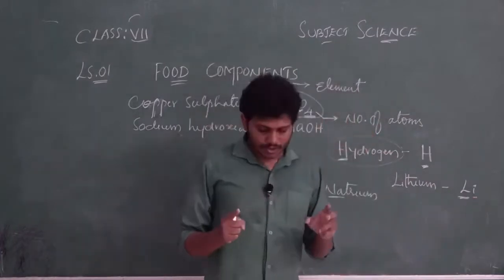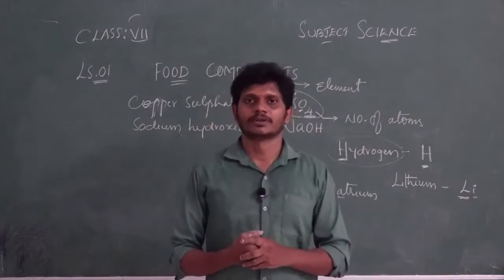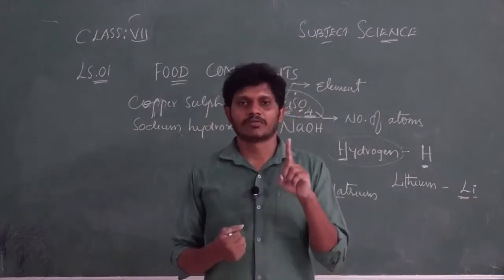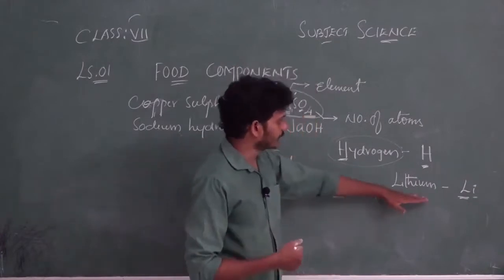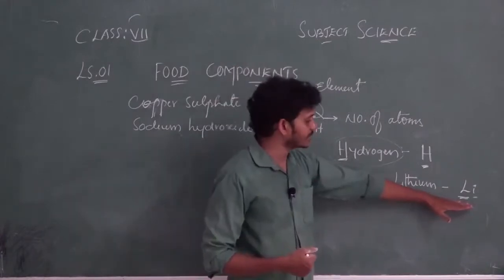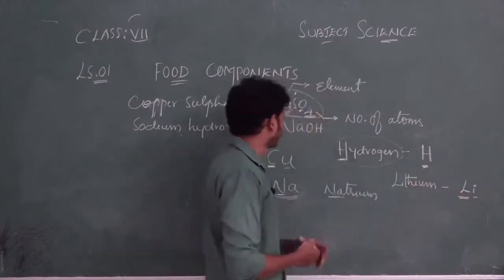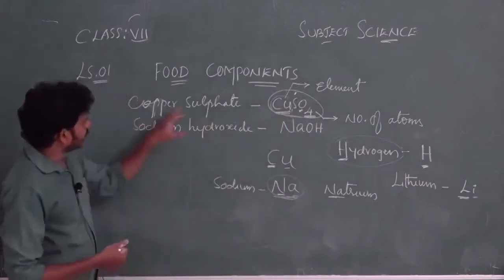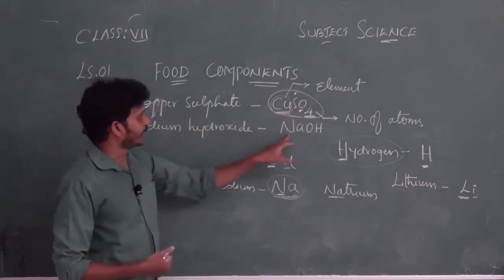Note that when you are writing a symbol for an element, the first letter is always capital and the second letter is small. Example, lithium: L is taken as the first letter, it is capital, and the second one is i, it is small. Now, copper sulfate's formula is CuSO4 and sodium hydroxide is NaOH.